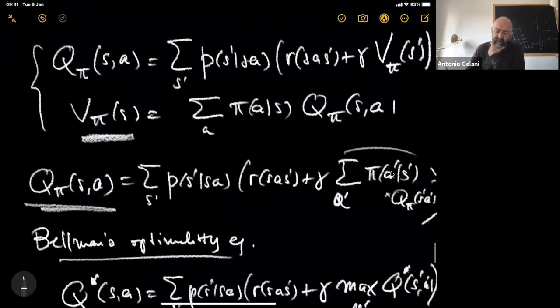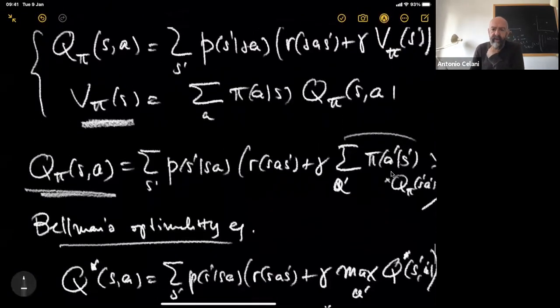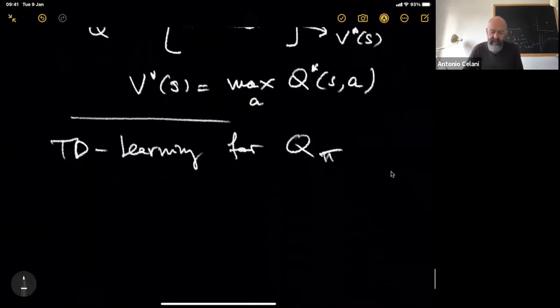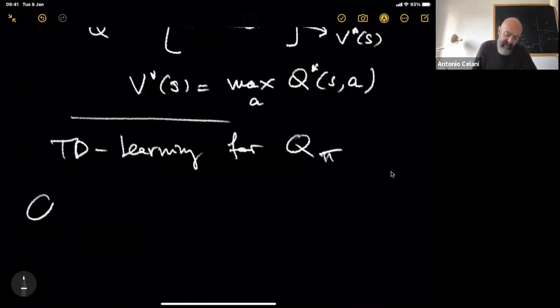Well, it works pretty much like it worked for the value function. So there are some things that we already did. We have to move this left-hand side to the right-hand side and turn this expectation into a stochastic object. We do not repeat all the steps because we've done that too many times.